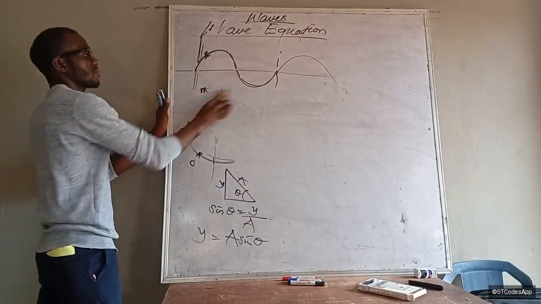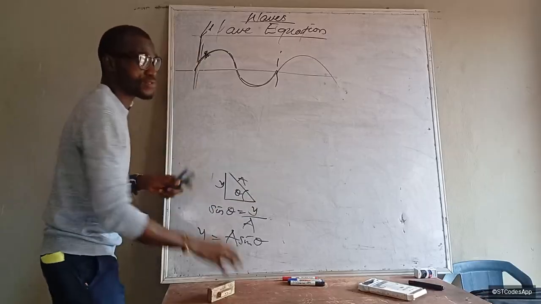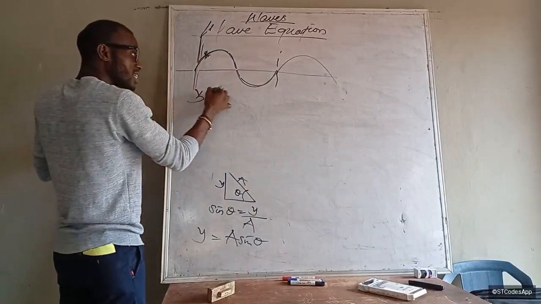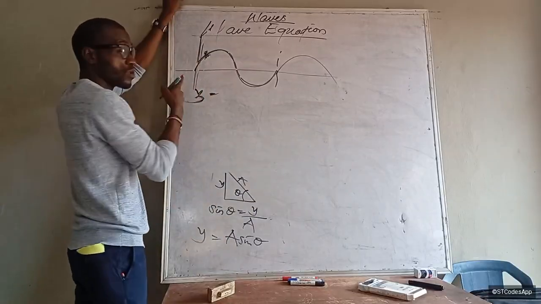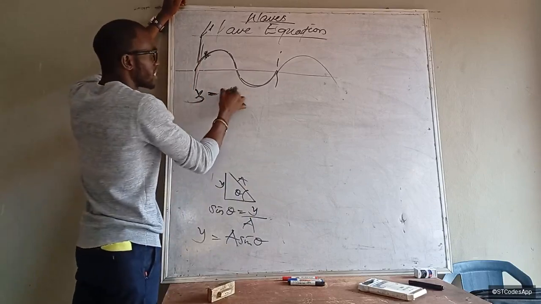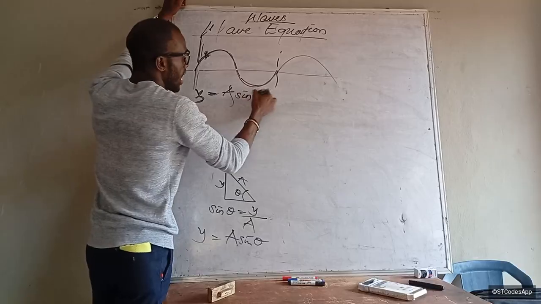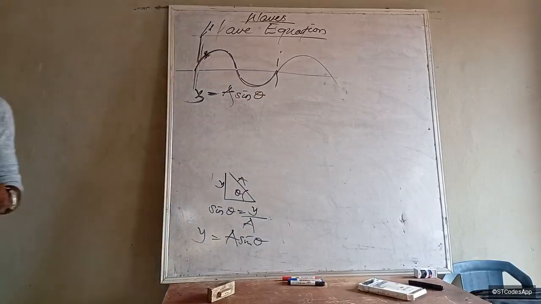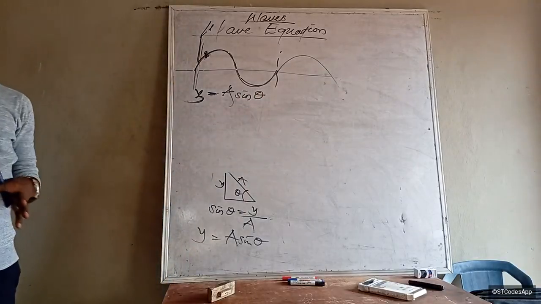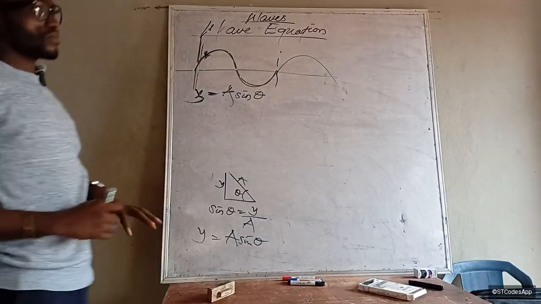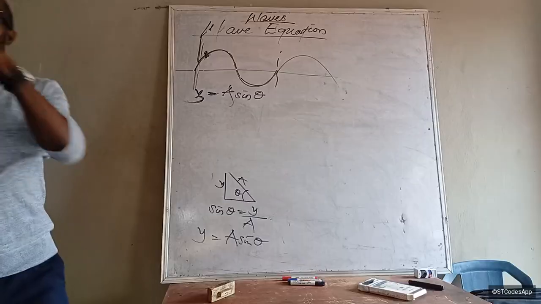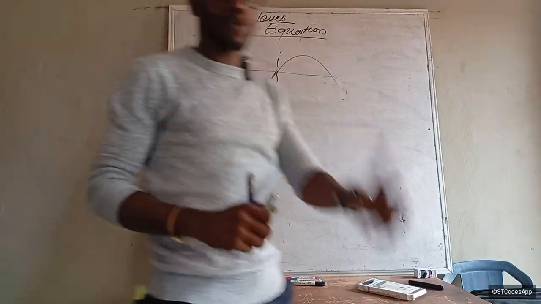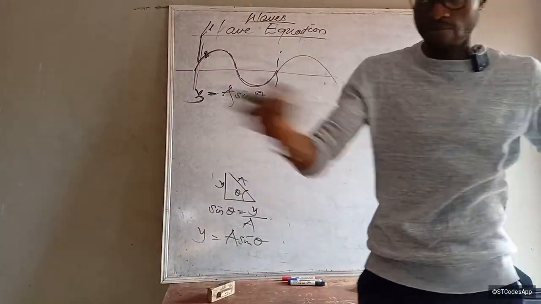Now watch. So we understand therefore that the vertical displacement from equilibrium position of our wave is always amplitude times sine theta. Is it making sense? But wait, if it were simple harmonic motion, it would be one particle oscillating back and forth.